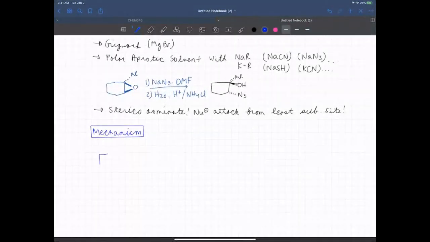So I'm going to draw the mechanism. First things first, my nucleophile is the azide anion. And remember, when sterics dominate, it attacks the least substituted site. I'm sure you know at this point of your orgo career what the least substituted site means. It's going to come here and break open the ring.